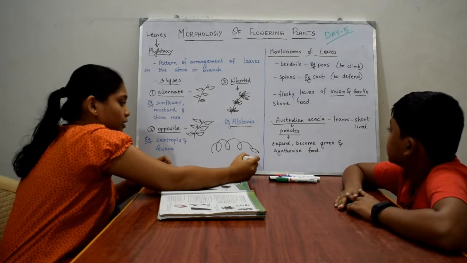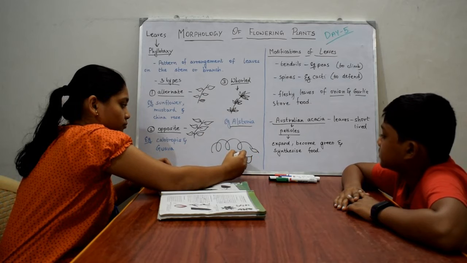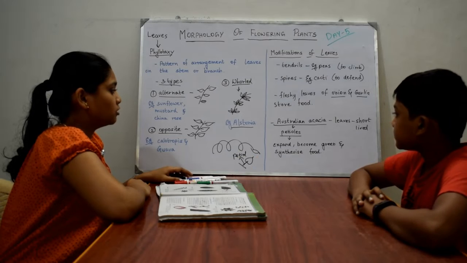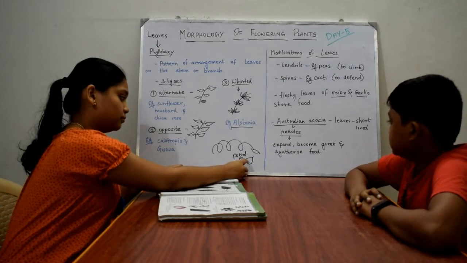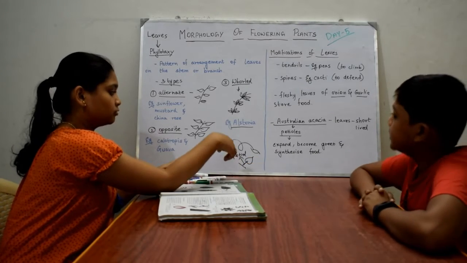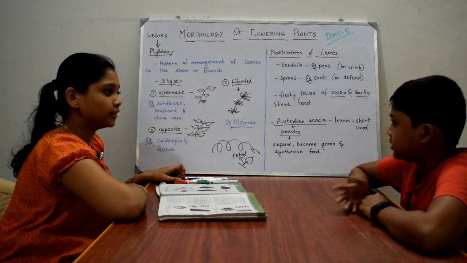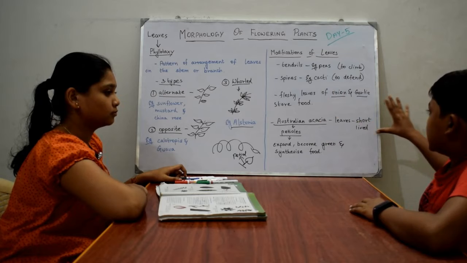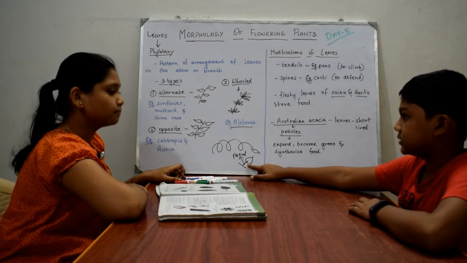The petiole, which connects the leaf base and the leaf lamina, expands and becomes green. In Australian acacia the leaves are short-lived, so they fall, and their petioles expand and become green and photosynthesize. Only the petioles synthesize food, not the leaves.